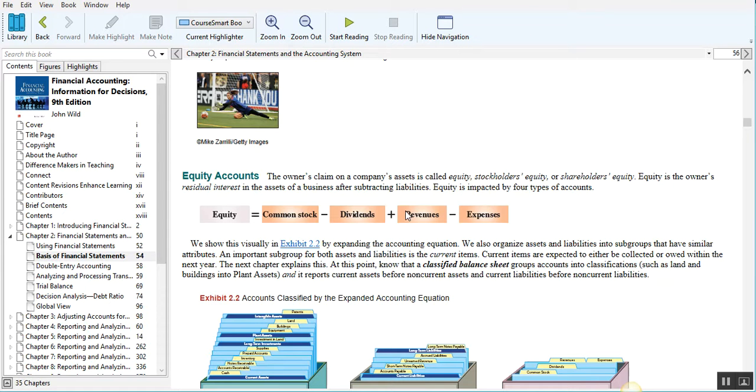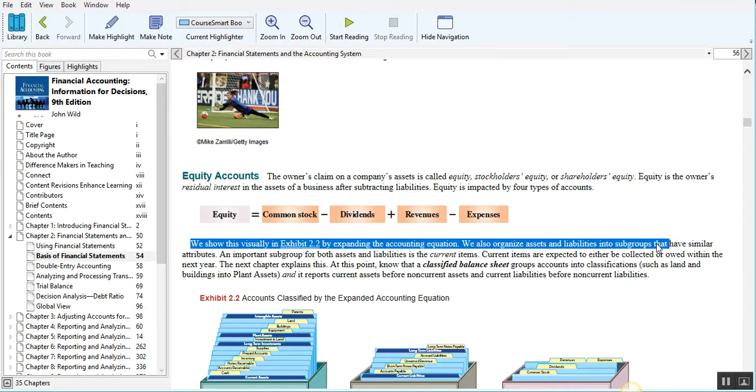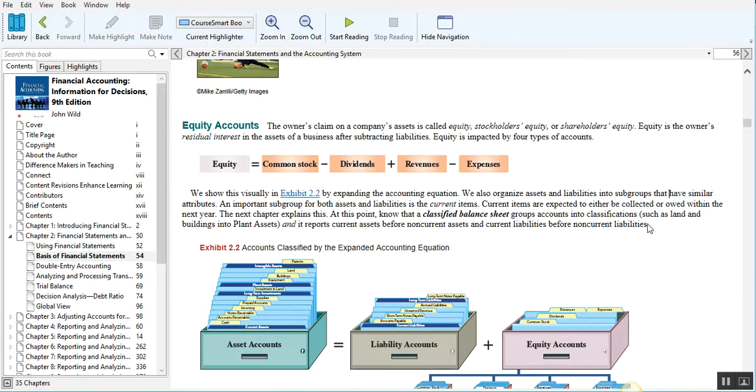So typically when you have dividends, you're paying them out of retained earnings or net income. And that will show here this way. So you're adding revenues, subtracting expenses, and then deducting dividends, and all of that combined with common stock will give you the value of equity, the owner's equity here.